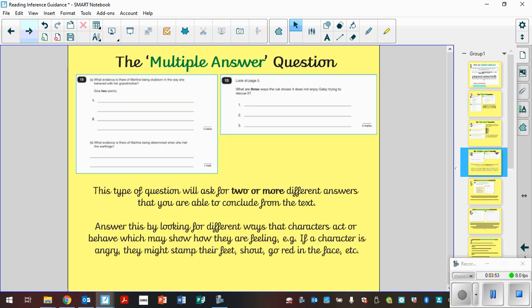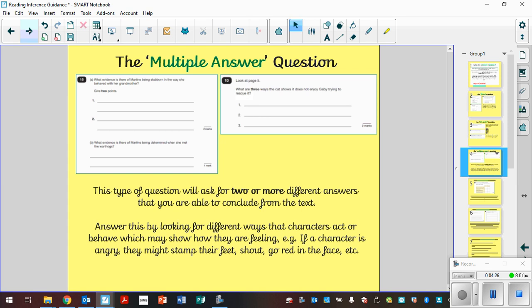Another example is multiple answer questions. Now, these are quite nicely set out because you can see at question 15, it says give 2 points, and it gives you that space to answer those questions. Question 10 on the right-hand side, it says, what are the 3 ways? And it says on there, 1, 2, and 3. So you know that those are as many answers as you need to give to be able to get those marks.